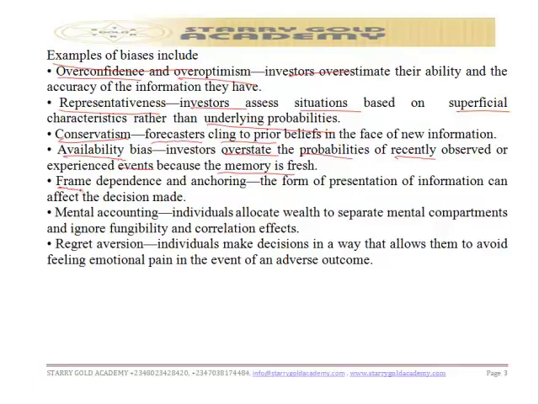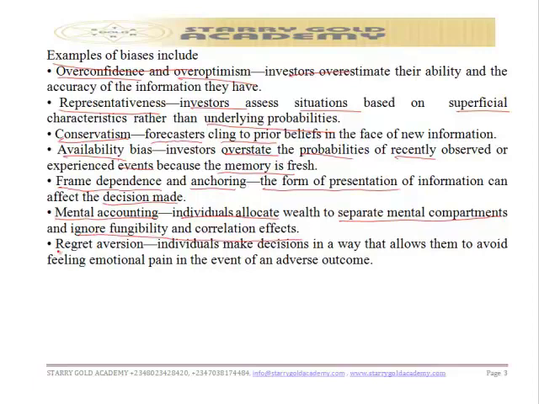We also have frame dependence and anchoring. This simply says that the form of representation of information can affect decision making. We have mental accounting, which indicates that individuals allocate wealth to separate mental compartments and ignore fungibility and correlation effect.